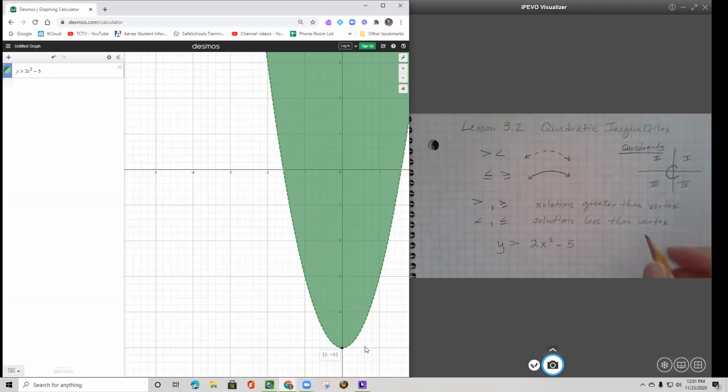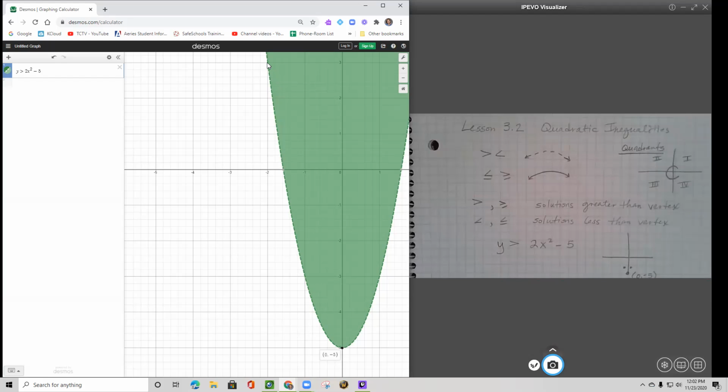So then what I need for you to do on your assignment is to sketch an accurate graph. If this is 0, -5, and then let's get a couple of points that are good points here. -1, -3 is really close. -1.5, 0.